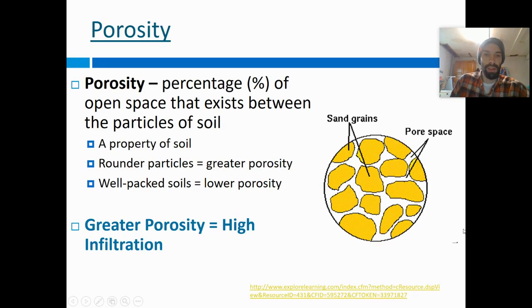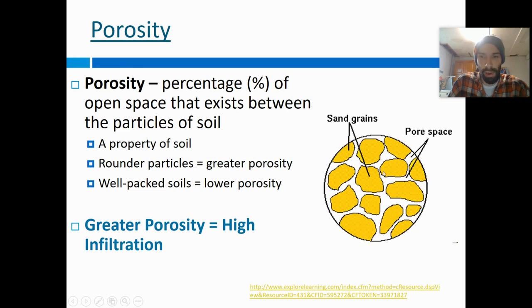Okay, so finally we get to porosity. This is a vocab word that you're going to need to know about. You're going to need to know how to calculate this, and we're going to do this in our lab tomorrow, so you'll get more explanation about this tomorrow. But basically, porosity is referring to pore space, how much pore space is in the soil, in between the grains in the soil.